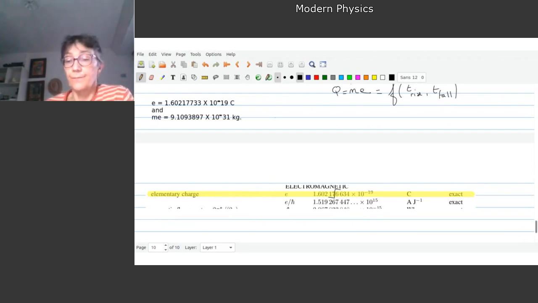And the mass of the electron. Once you know the charge, you know the mass, because Thomson had measured the ratio. So you know the value of the ratio. If you know the charge, you can have a value of the mass here.